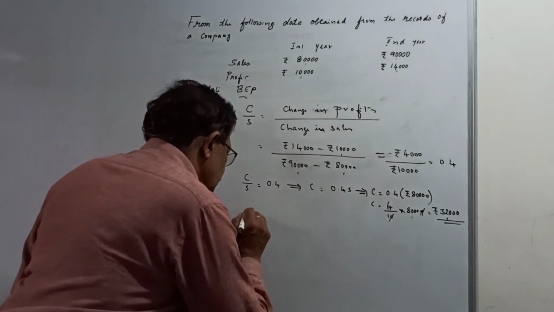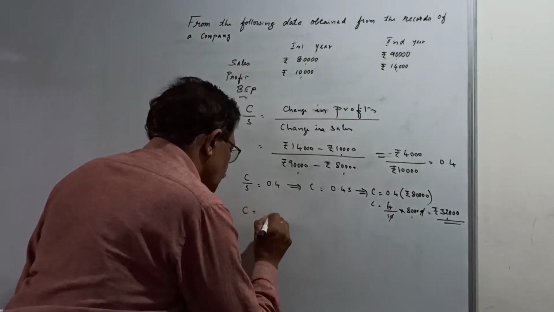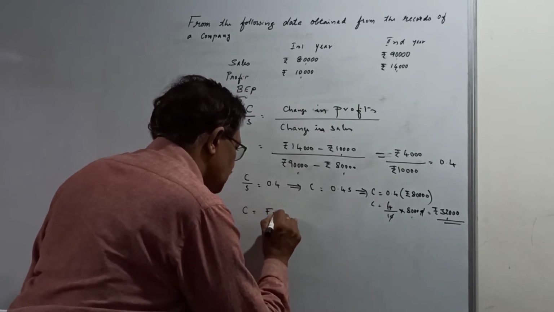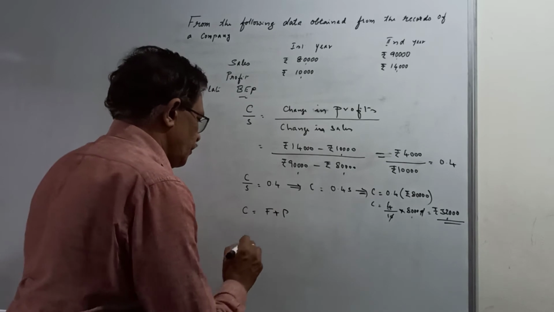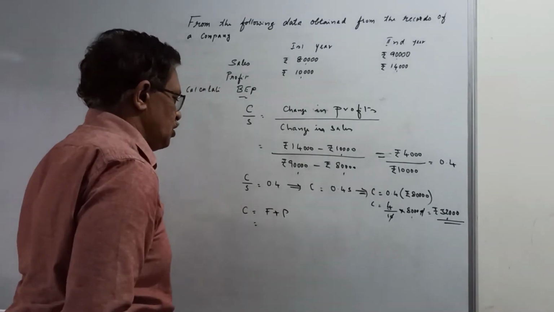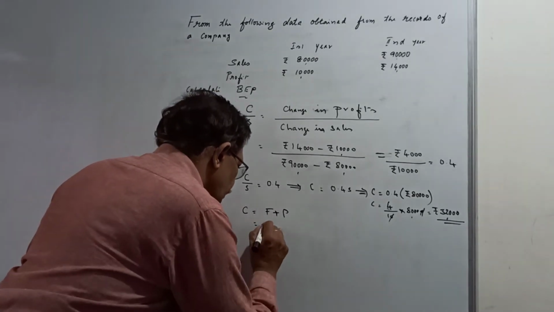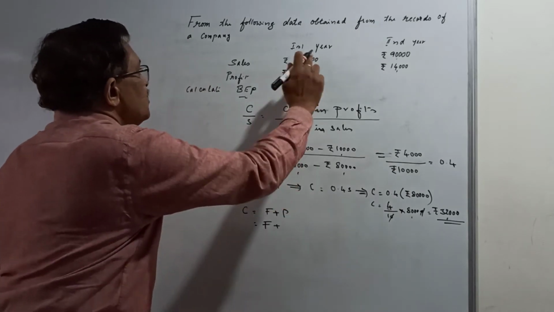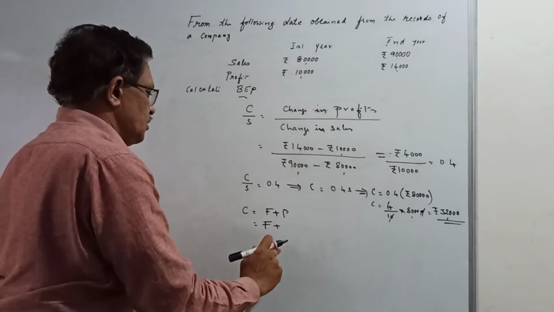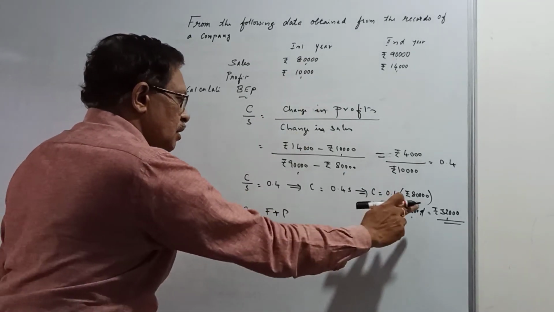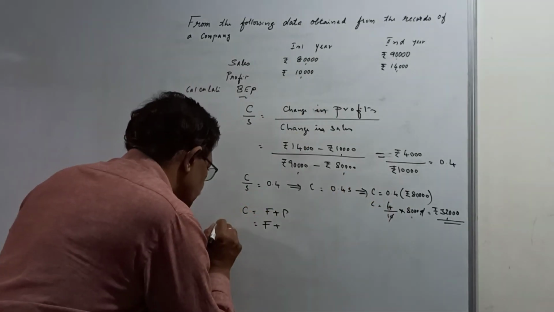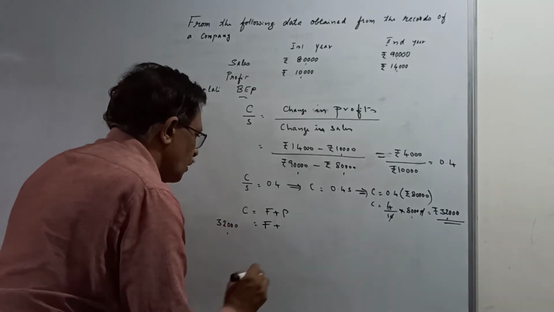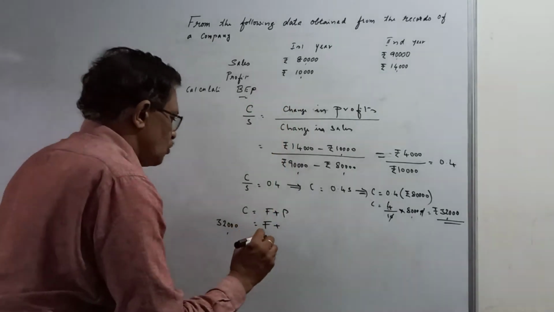We also know that C is nothing but F plus P. Here, when sales are 80,000, we got contribution as 32,000, and we know that the profit is 10,000.